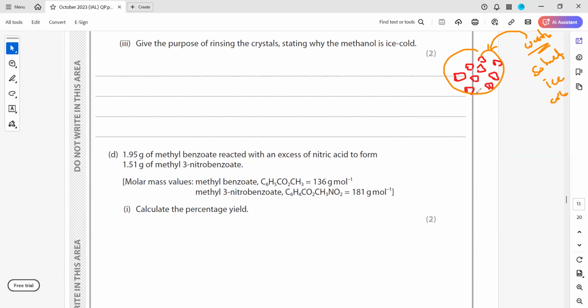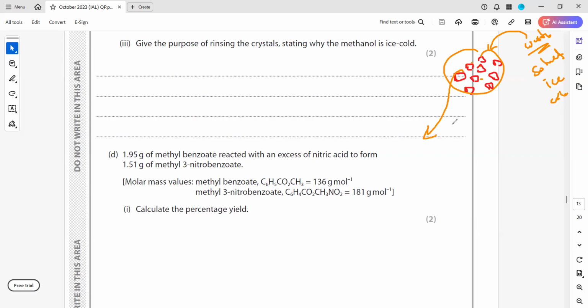Why do we wash with the solvent? Any soluble impurities which are left will be washed away. And why is it ice cold? So that it won't dissolve the crystals. Otherwise, if it was a hot solvent, the crystals would dissolve.